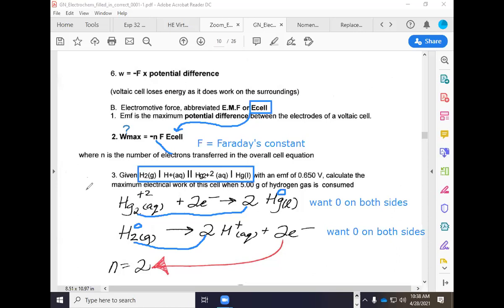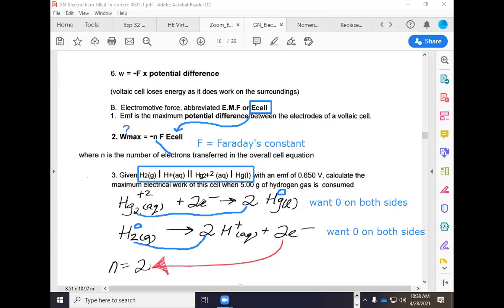Professor, the question would specify which species it wants the moles? Oh, we have to make the electrons the same. So remember how we balanced electrons when we did our half reactions?